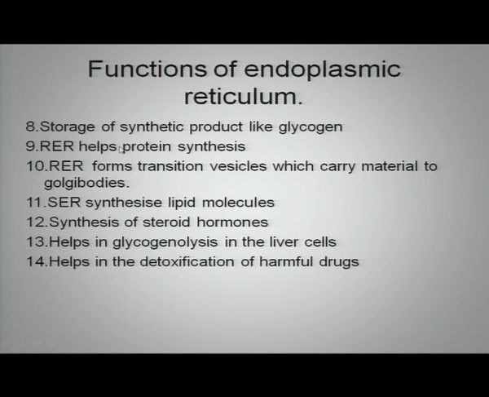Rough endoplasmic reticulum helps in protein synthesis. Do you know why it happens? Yes. You know which organelle is needed for protein synthesis? Of course, we have already covered this aspect in the previous session.